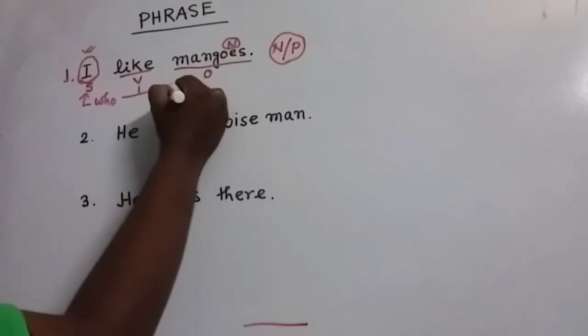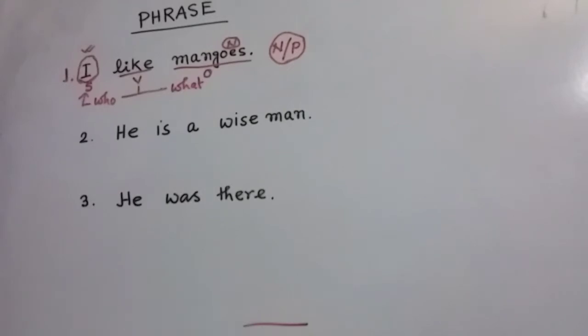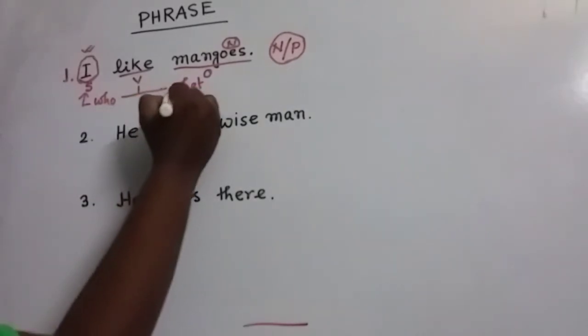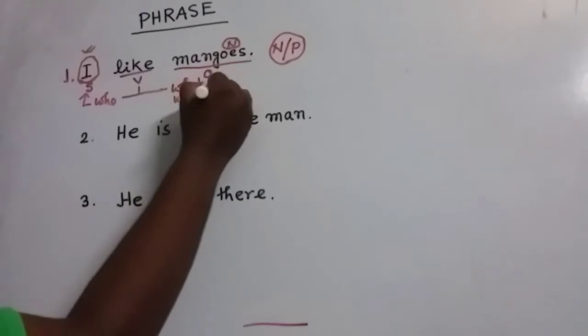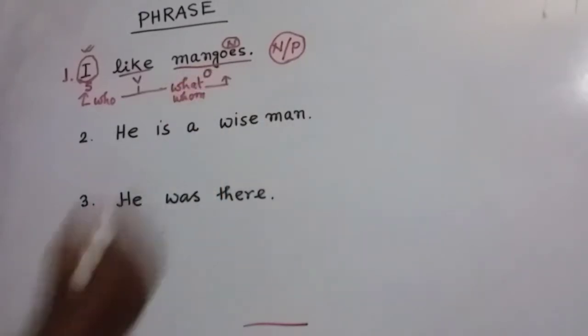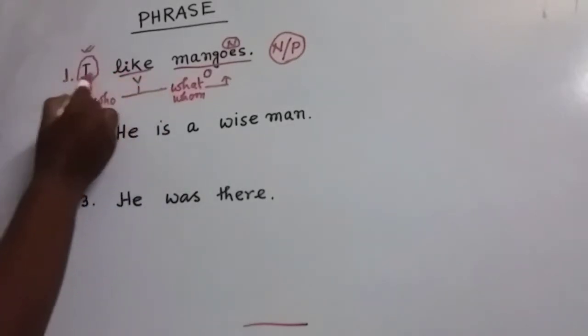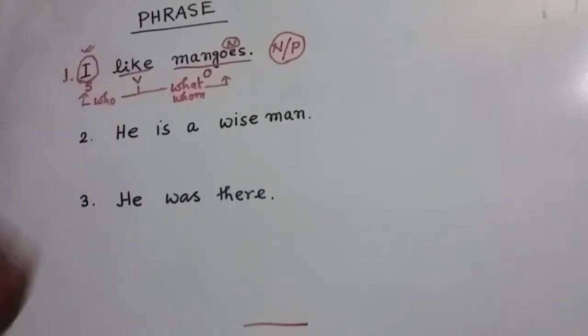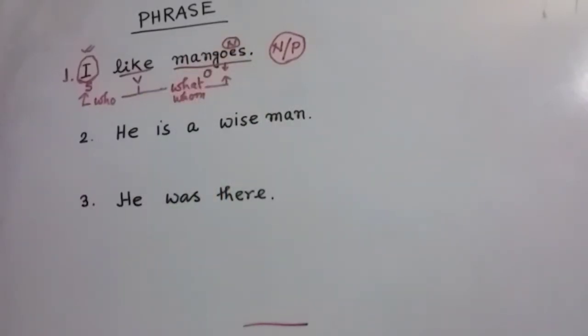And if we ask the verb by what, or sometimes by whom, the answer will be the object of this sentence. So what do I like? The answer from this sentence is the mangoes. So the mangoes is the object of this sentence.